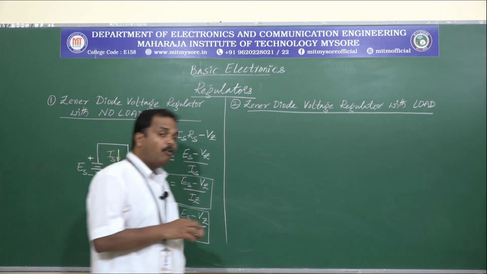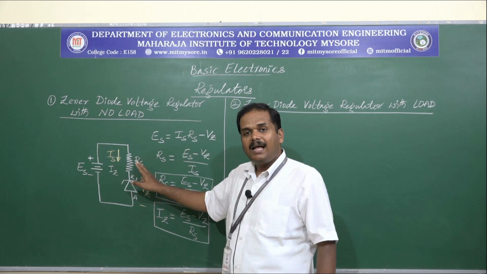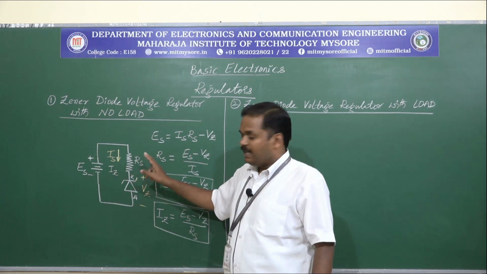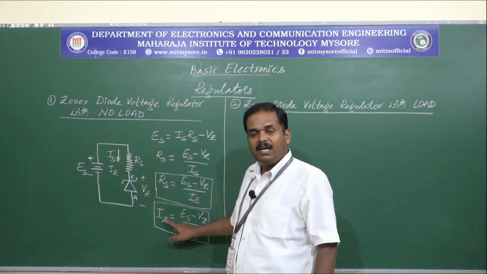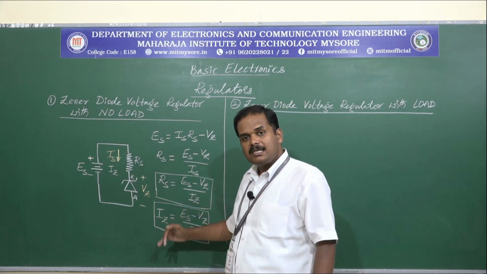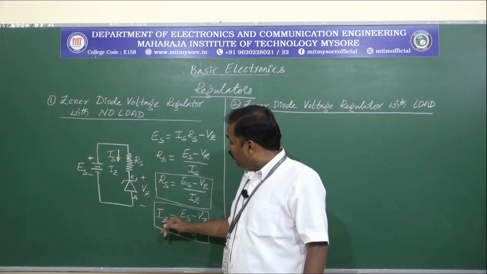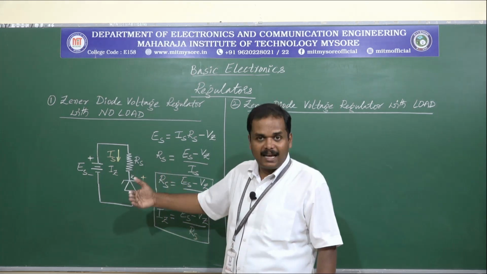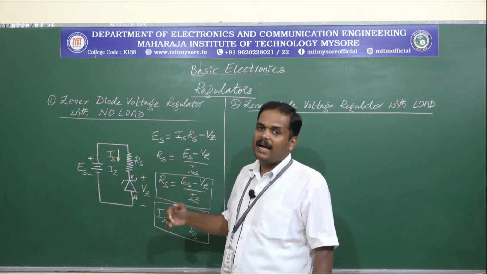Now the point to be noted here is the series resistance RS should be selected in such a way that the current IZ will not go lesser than IZK, that is minimum Zener current, and at the same time will not be higher than the maximum Zener current IZM.